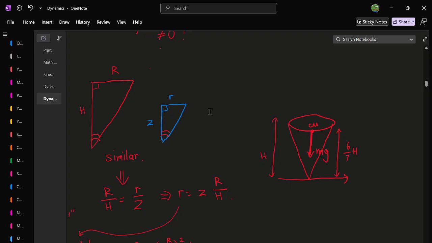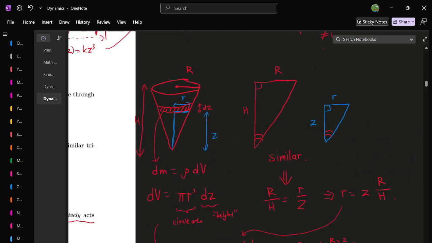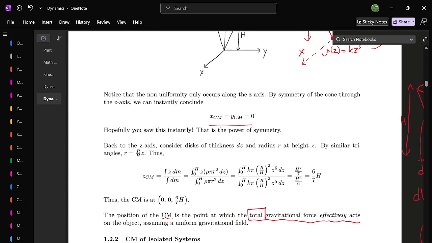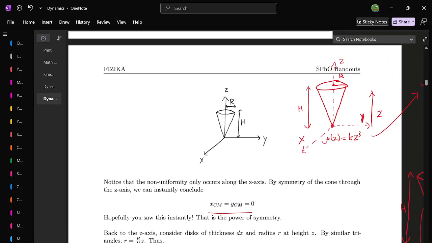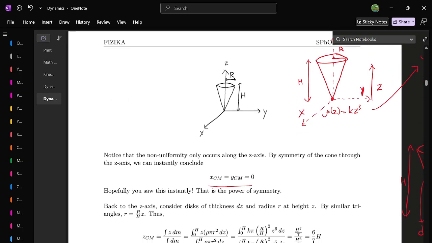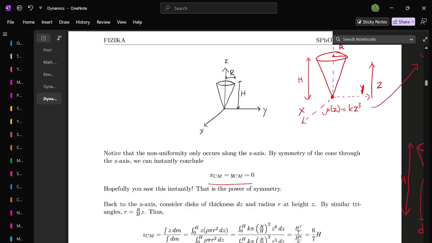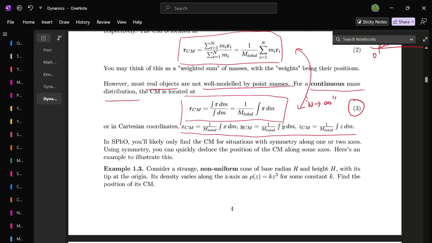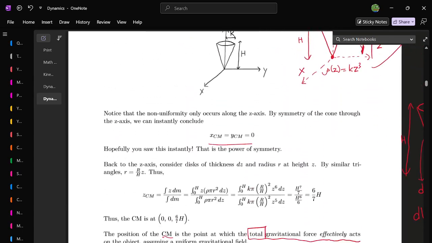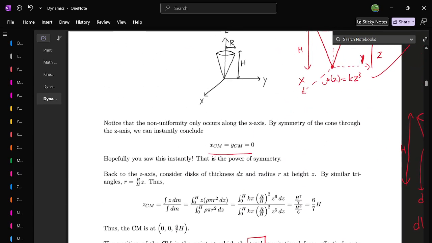This is useful when you're doing stuff in future chapters on rotation, when you want to know where the force acts. In general, these kinds of problems are more math related, because it's about how you set up the integral for equation 3. So just practice a bit, and you should be able to do these kinds of problems easily.